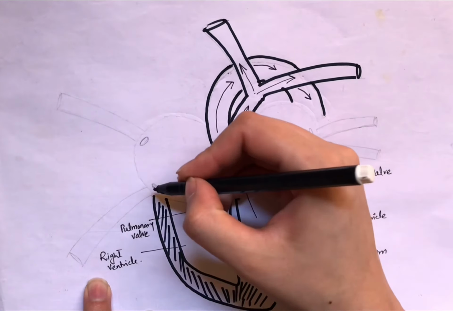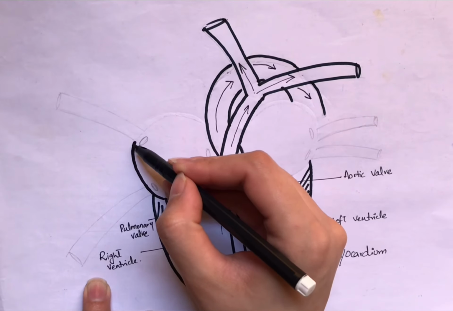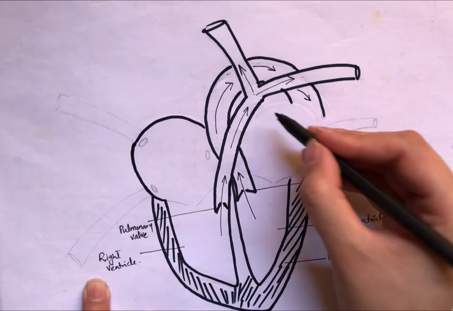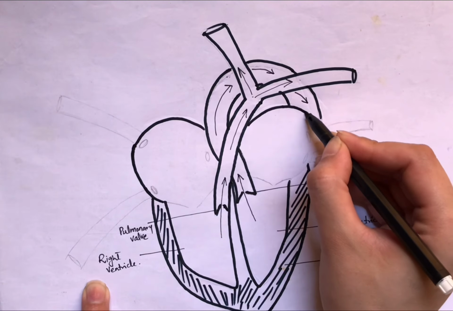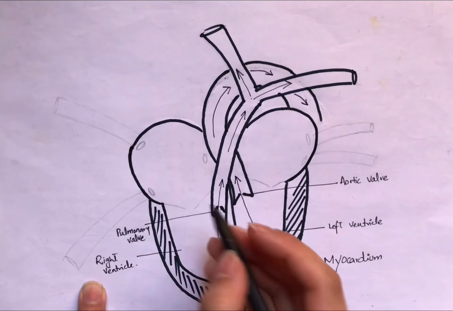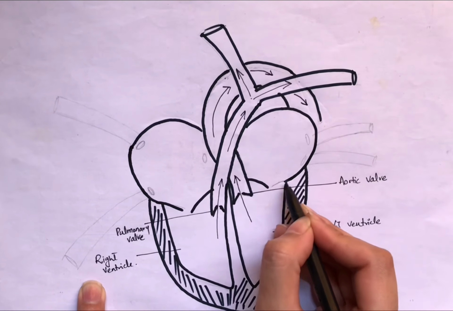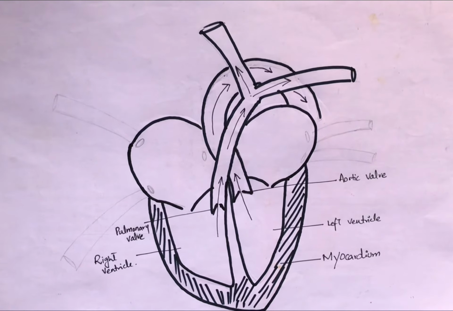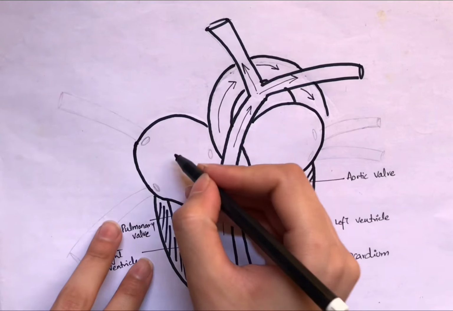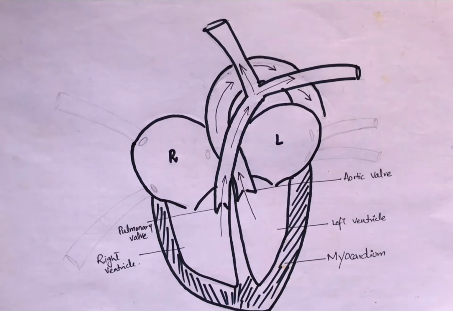After that we will talk about the other 2 chambers, that are the atria. There is a right atrium above the right ventricle and a left atrium above the left ventricle. Both upper chambers are connected by valves with the lower chambers. This is the right atrium, left atrium.